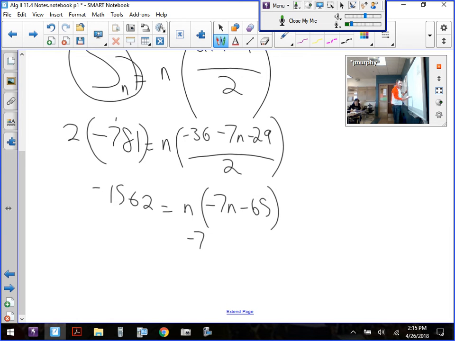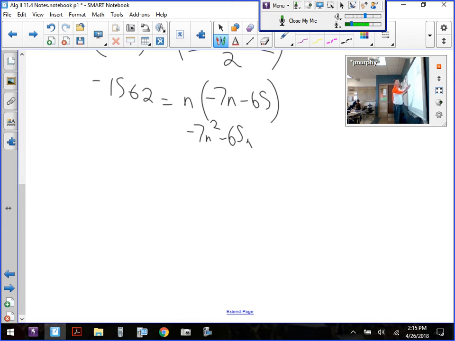Distribute through, you get negative 7n squared minus 65n. Means I'm going to move that all to the left. So I have 7n squared plus 65n minus 1562 is 0. I don't want to factor that, nor do I ever want to think of factoring that, because that's just ugh.